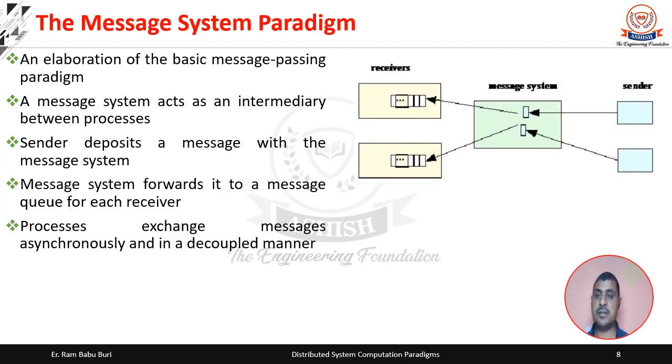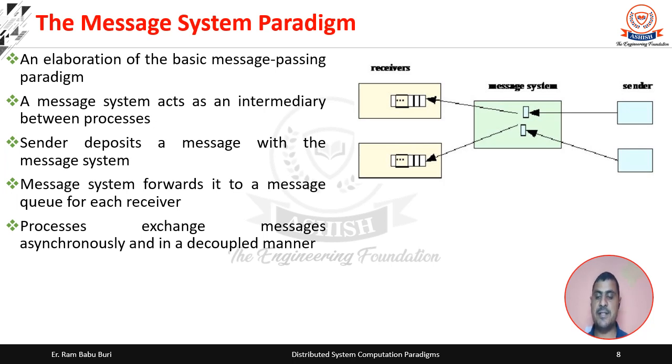Next is the message system paradigm. The message system paradigm is an elaboration of the basic message passing paradigm. In this paradigm, there is a special process called a message system that acts as an intermediary between the sender and receiver processes.